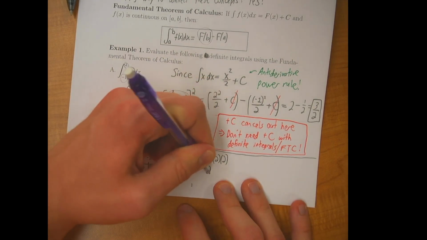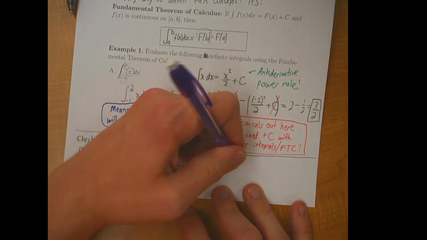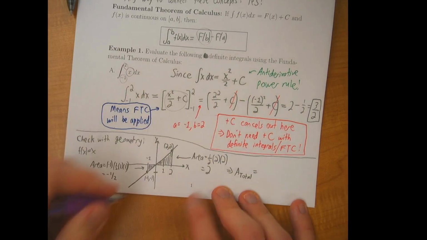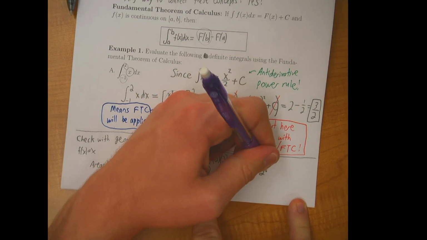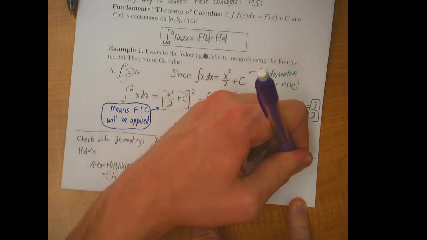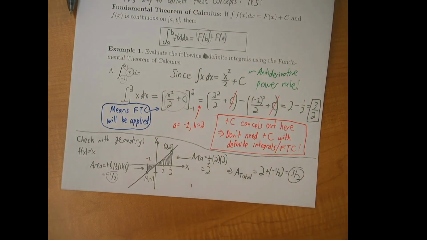So we have 2 here. So the total area ends up being 2 plus -1/2 from this part here. So we get 3/2 as we got with the fundamental theorem of calculus. Okay. So just a nice quick little application from what we've talked about already.